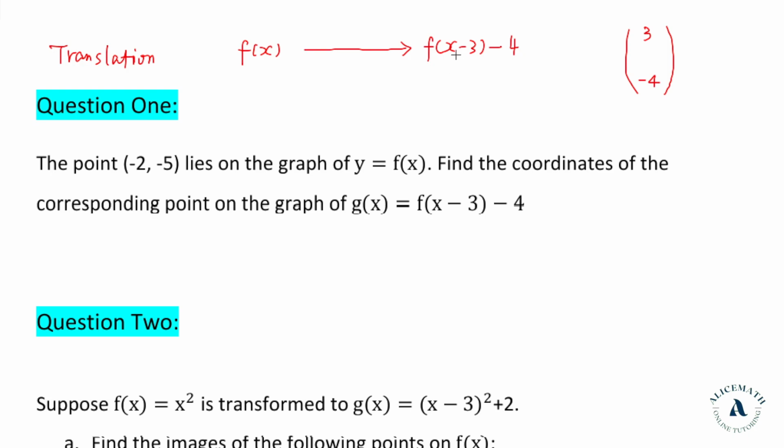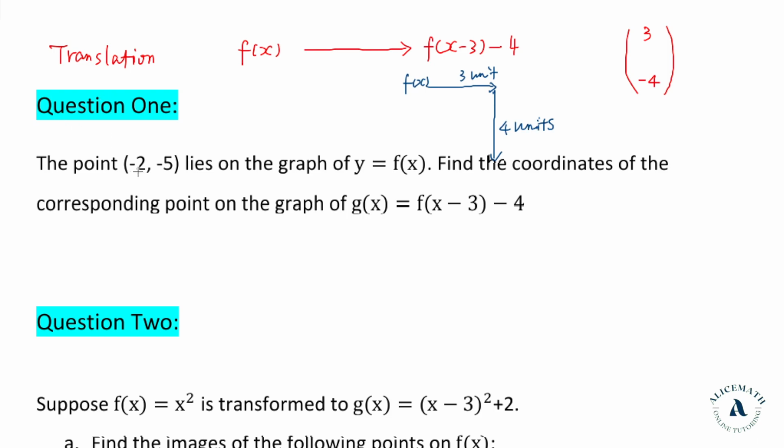Which means x minus 3, we can regard it as moving to the right side by 3 units. And then minus 4 means go downwards by 4 units.